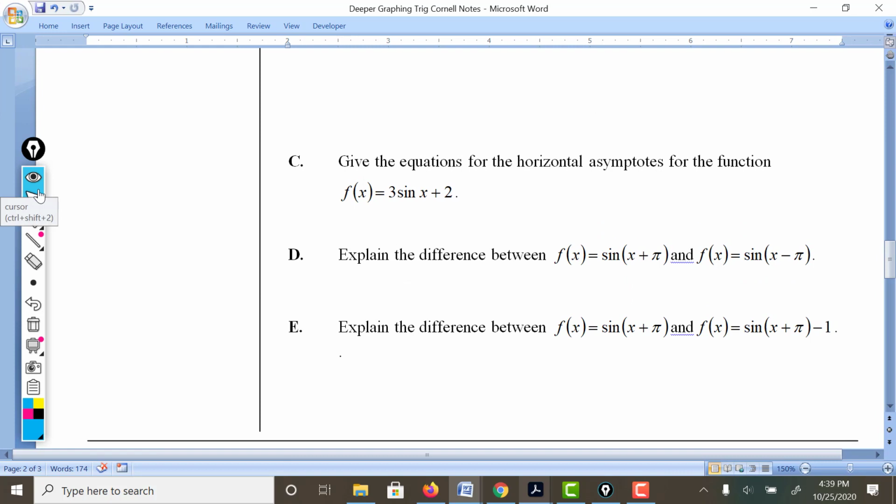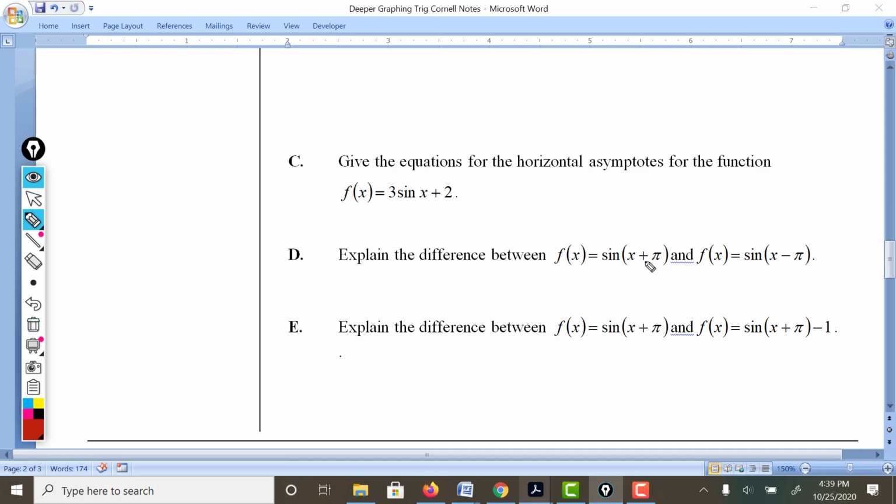D. Explain the difference between these two. Well, we know that when we have an added or subtracted term in the argument, there is a shift, but it's always the opposite of what you see.